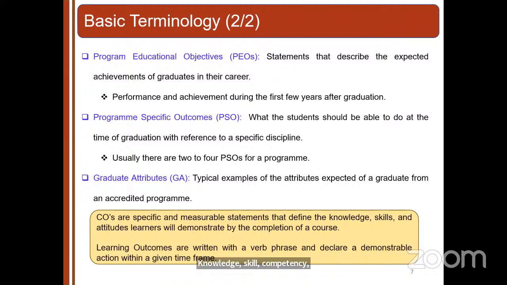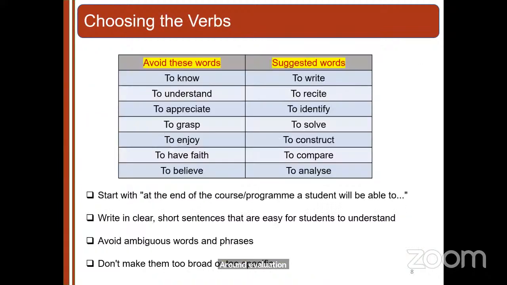This is the basic terminology that surrounds evaluation and assessments. So how do we prepare these assessments, sorry, not assessment, the course outcomes? We have to be very careful in choosing the words. I can pretty much tell you that in any course you take, there is this verb, to understand, in their course outcomes.